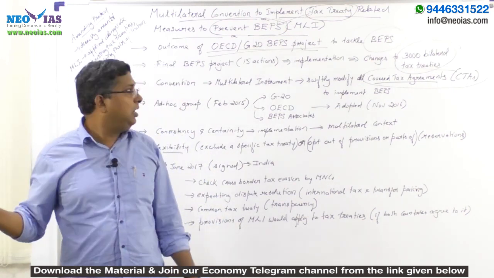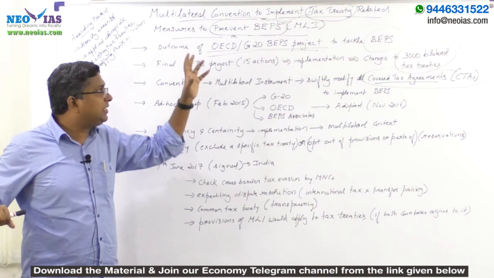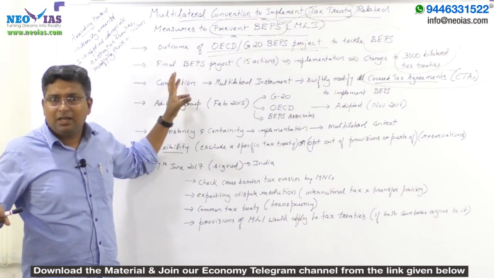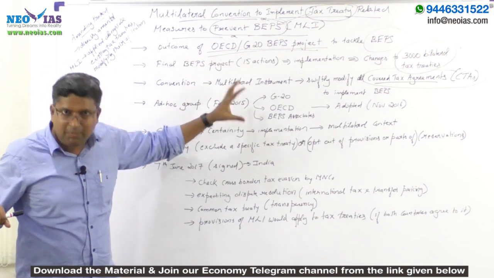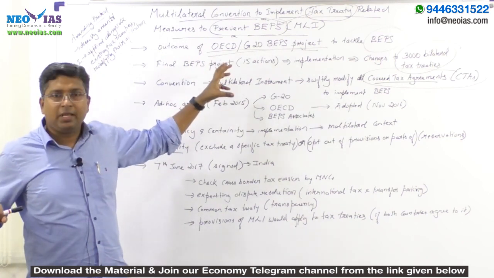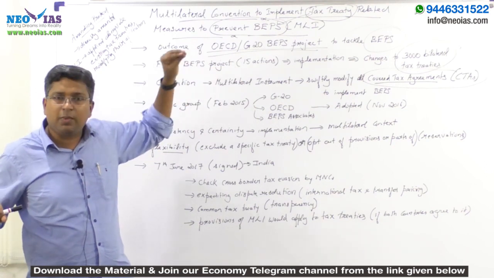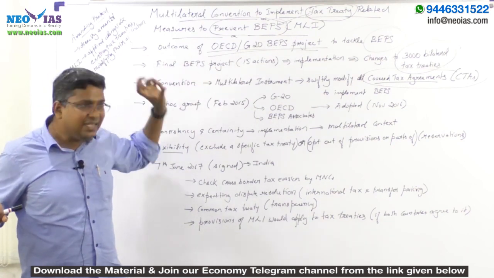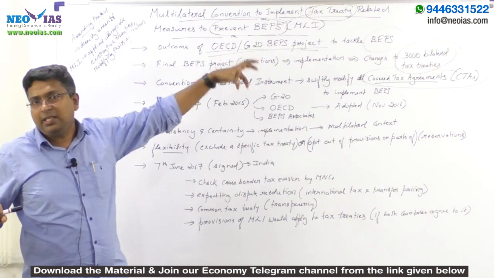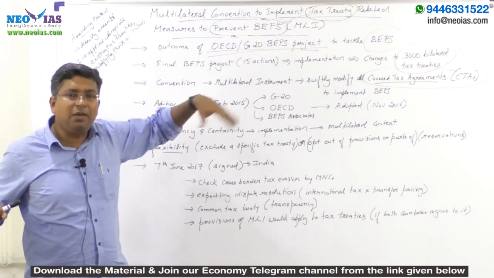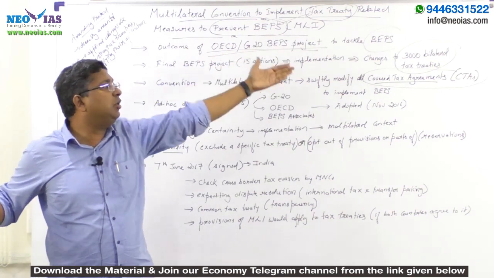So this convention is a multilateral instrument so that instead of making changes to all these nearly 3,000 bilateral tax treaties, by using a single convention, by asking the member countries to sign and ratify it, you can swiftly modify nearly all these covered tax agreements.